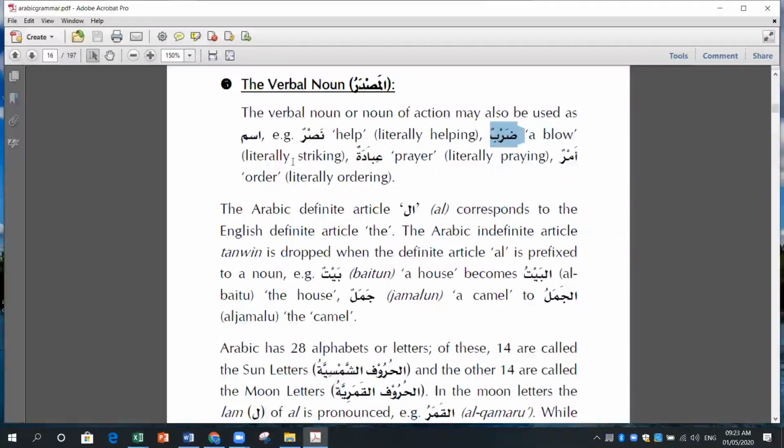Literally, it means striking. Darbun means strike, but it's the name of an action. The action is beating or hitting or striking. Darbun is a name. But if I say daraba, it will become a verb, and its meaning is he struck, or he hit.